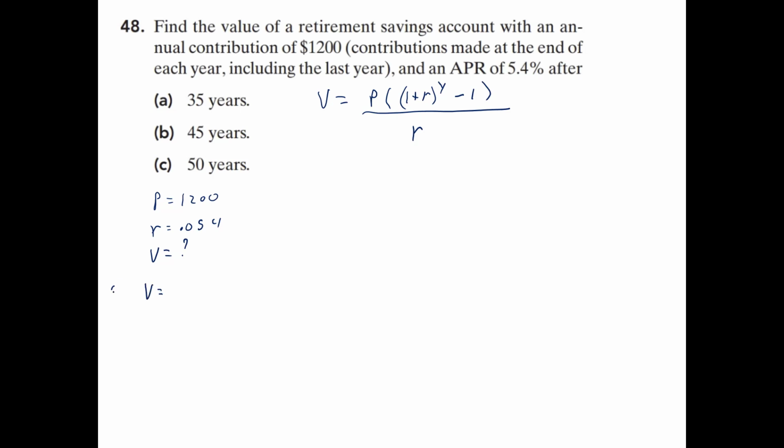So for part A, v is equal to the $1,200 times 1.054. Now we're doing this for 35 years, minus 1, all divided by 0.054.